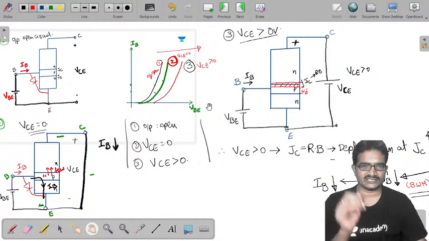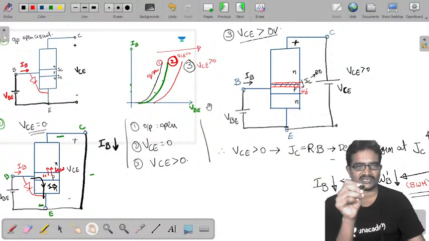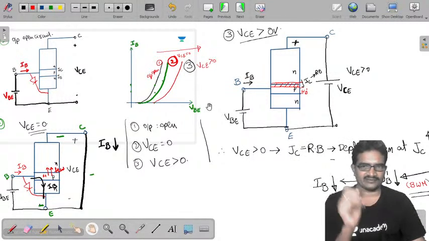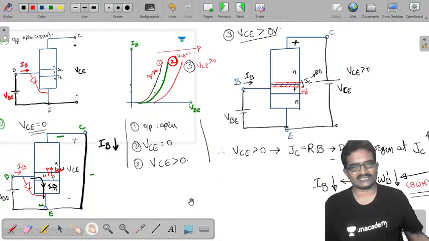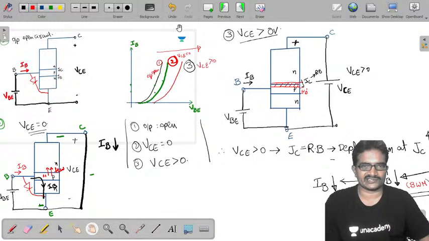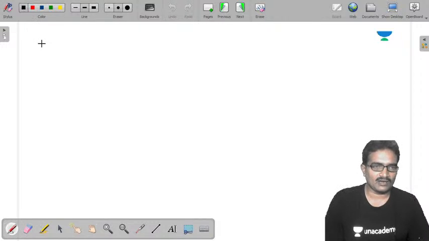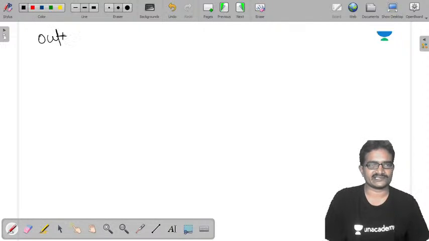For every step, what happens at the junction, what our transistor is, everything I placed as a diagram. Okay, next we move to output characteristics. Now I'm moving to output characteristics.